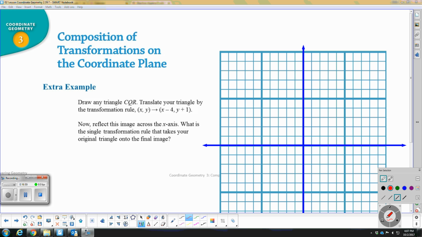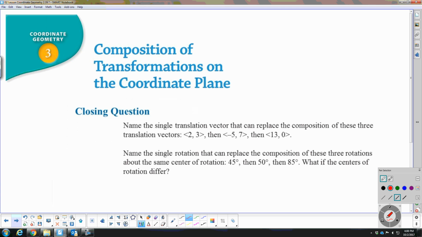And again, this is called a glide reflection, where you're reflecting and translating the image. So come up with a single rule to go from your original figure to your final image.